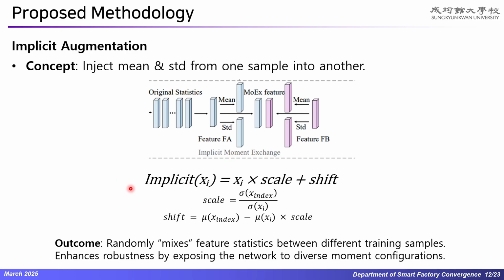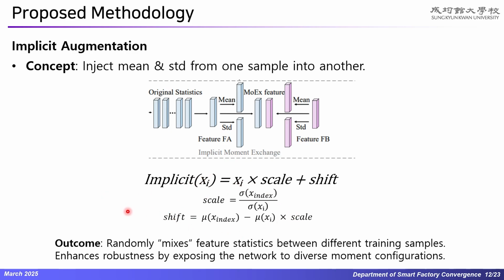We scale and shift it by these formulas here. x_i is our original image, while x_j represents another sample image's feature map, a glaucoma image from another patient. The scale and shift are derived from the ratio and difference of standard deviations and means as seen here.